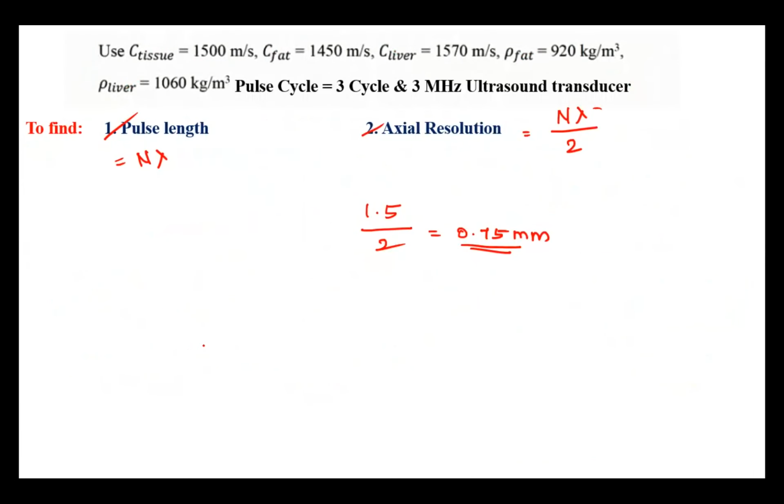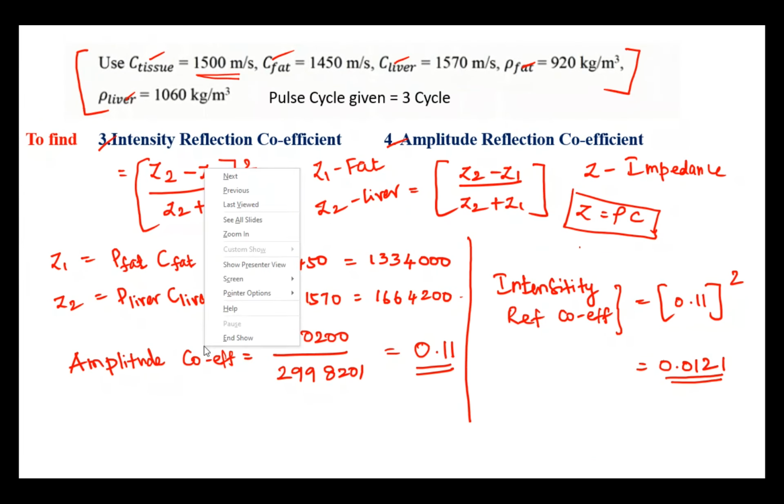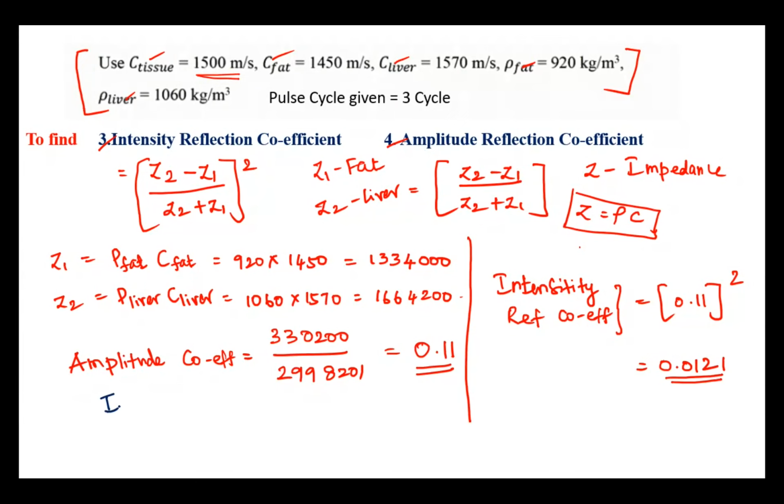In some question papers, they ask you to find it with different wordings. The amplitude reflection coefficient is otherwise called, in some cases, the impedance coefficient.